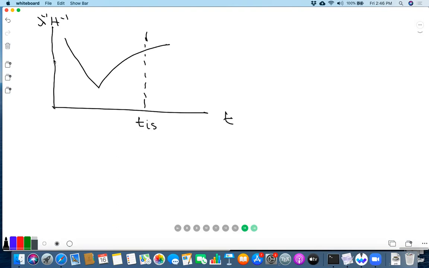So if our omega is something like this, and this is our omega inverse, then during this time, the T re-entry, in this interval, the microscopic dynamics can actually affect the perturbation.